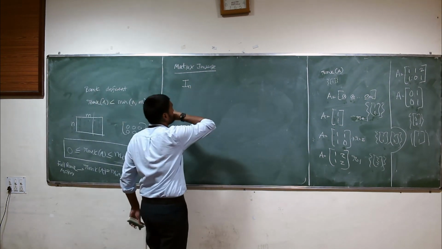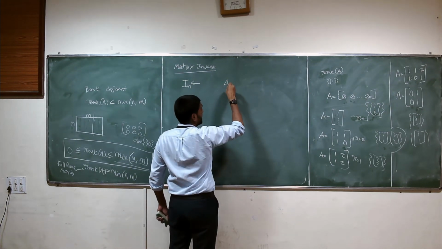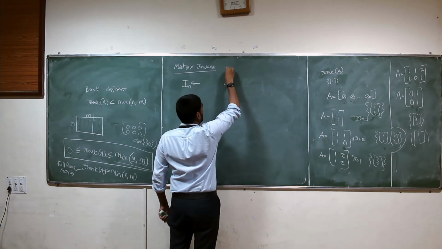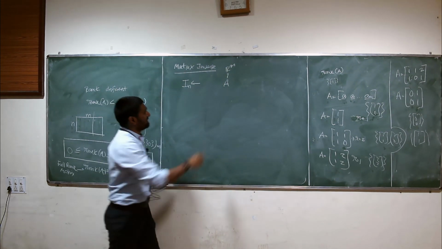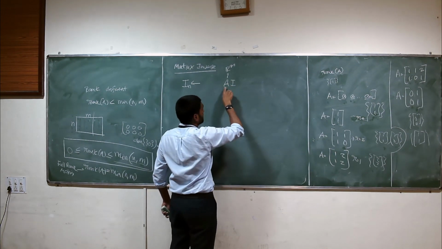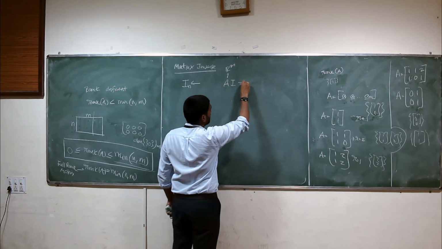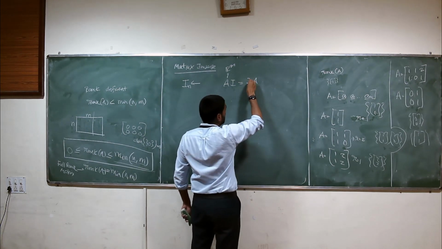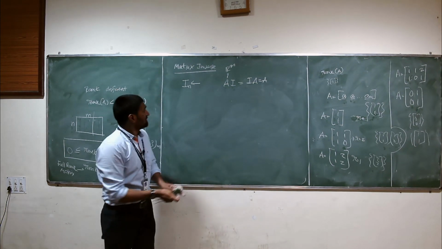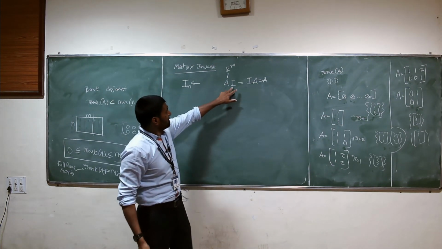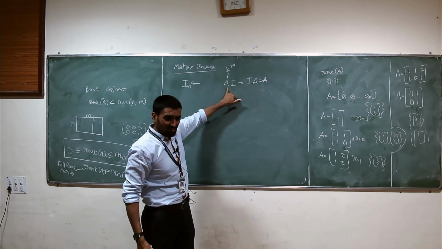An interesting property of this matrix is that if you take a matrix A, say n by n, and multiply it by I, either post multiply or pre multiply, you'll always get the matrix A. So the I matrix, when multiplied by another matrix, does not change the other matrix.